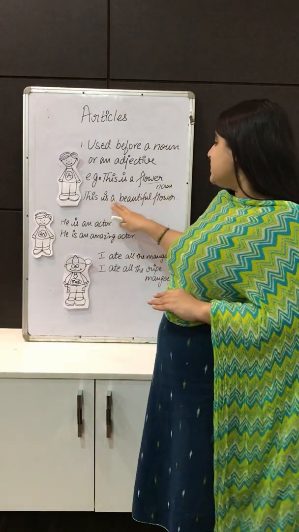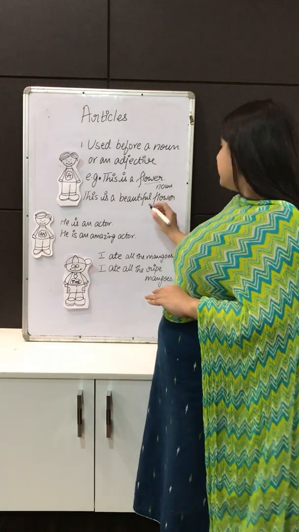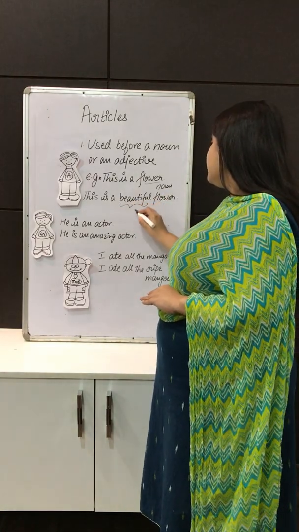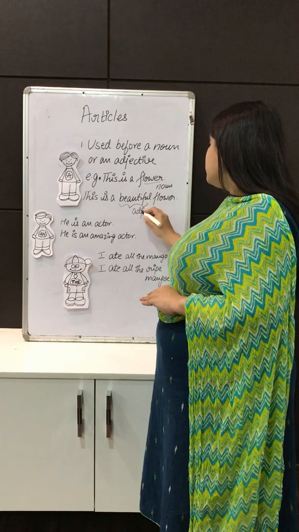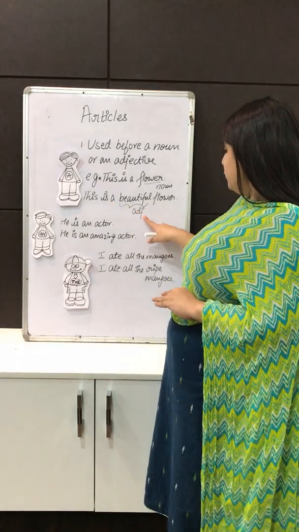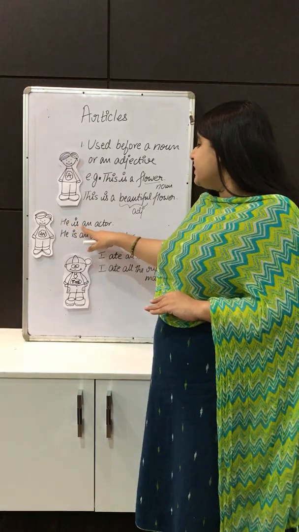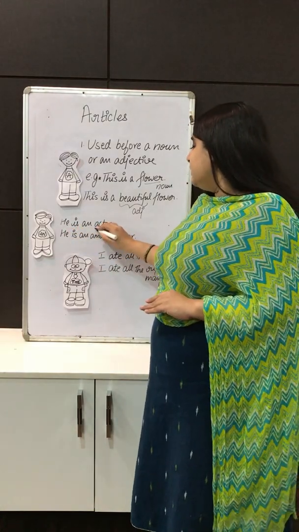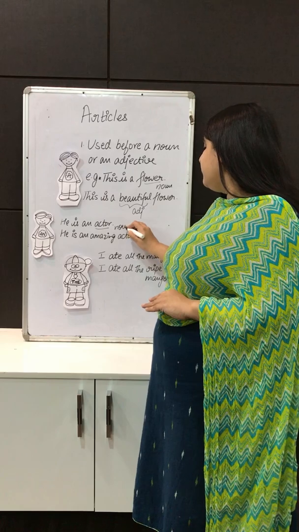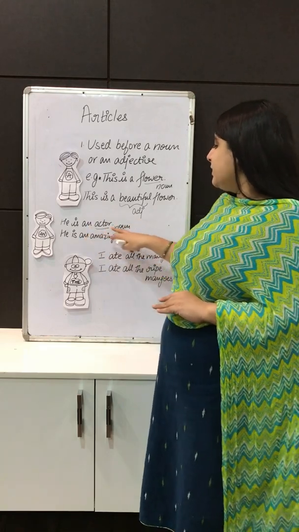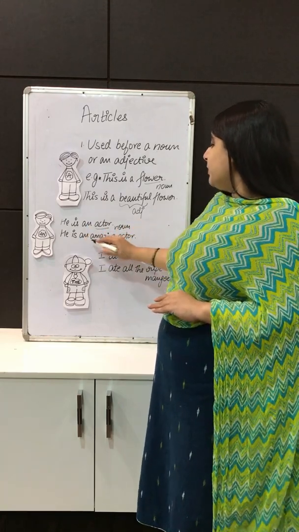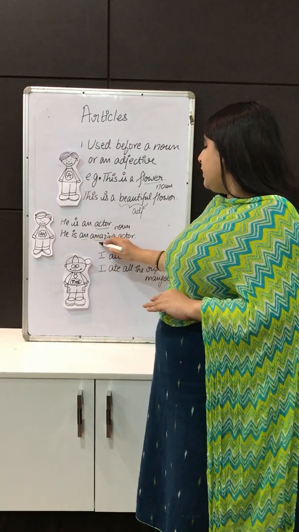When I say this is a beautiful flower, here the word beautiful is an adjective and the word a is used before the adjective. Similarly, he is an actor. Here actor is a noun and the article an is used before the noun. But here an is used before an adjective.